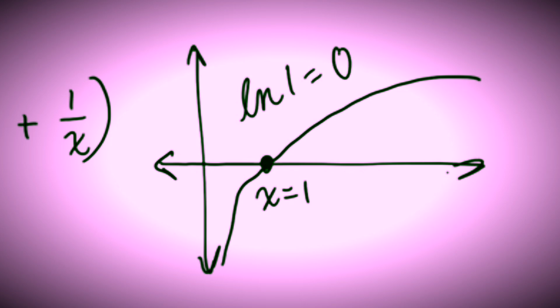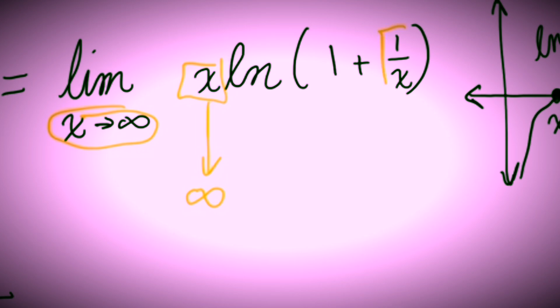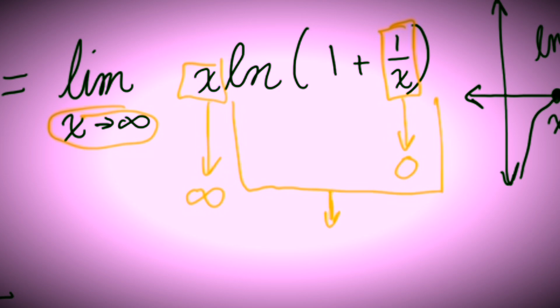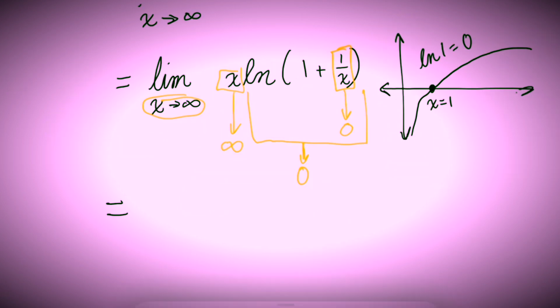And in your brain, you should be thinking that when x approaches infinity, this is going to get smaller and smaller. It's going to approach 0. That means for this entire thing, you're going to get 1 plus 0, which means you're going to get natural log of 1, which equals 0, or approaches 0.